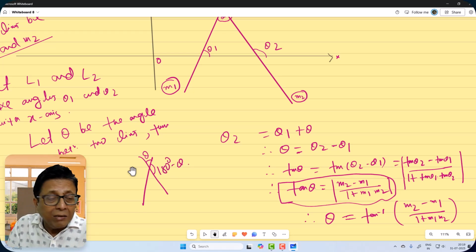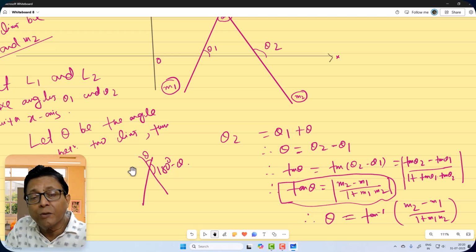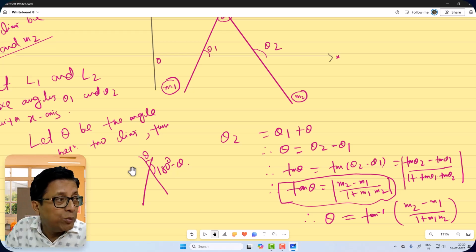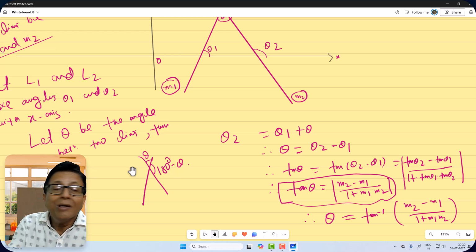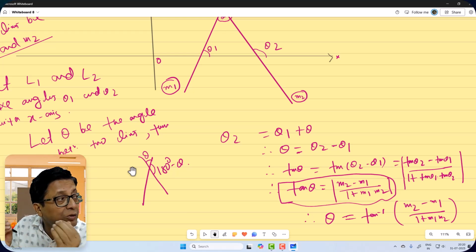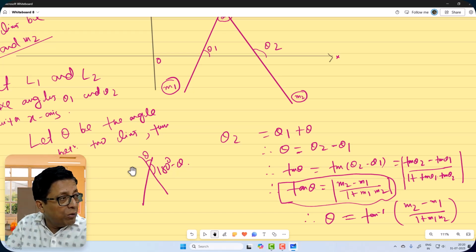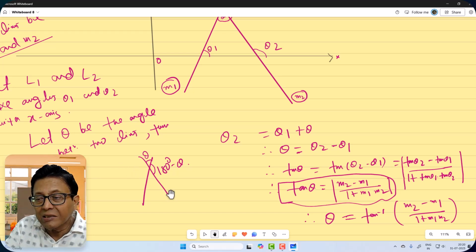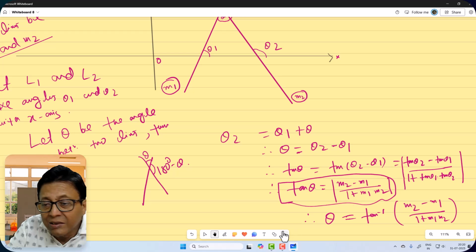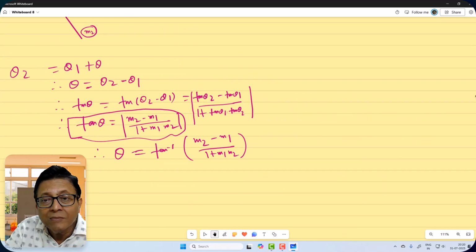The answer you can give in terms of 180 minus theta also, but normally people do it with the acute one. That's why we will make sure that tan theta is always positive. If it is not positive, make it positive. Just write taking the plus sign. Or from the beginning you write mod of tan theta 2 minus tan theta 1 by 1 plus tan theta 1 tan theta 2. So theta is going to be like this.